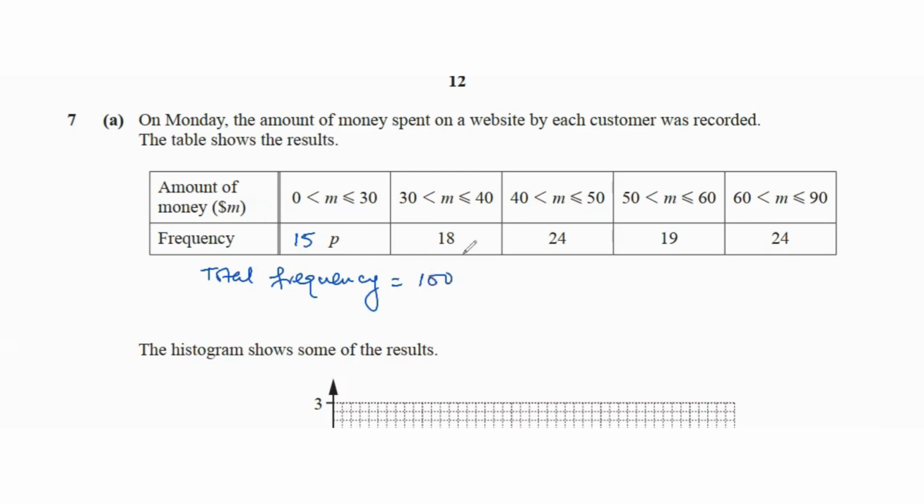That is 100. So greater than 50 is 19 and 24. So our probability will be 19 plus 24 over 100, which is going to be 43 over 100 or 0.43.